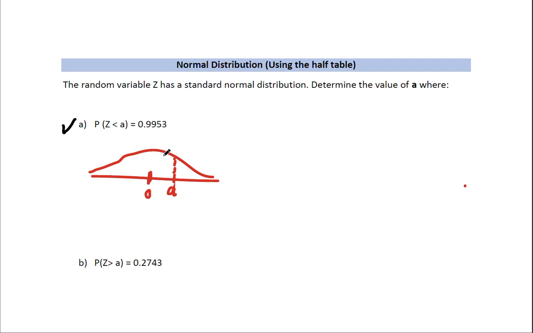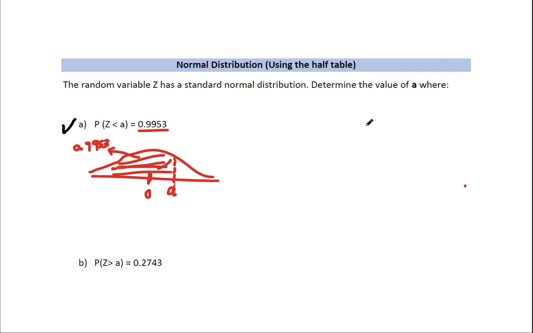And the area to the left of that value produces a probability reading of 0.9953, which is what we're told in the question. So the probability that z is less than a is equal to 0.9953, and all we need to do is to find this value here, a, which produces a table reading from the standard normal table of 0.9953.